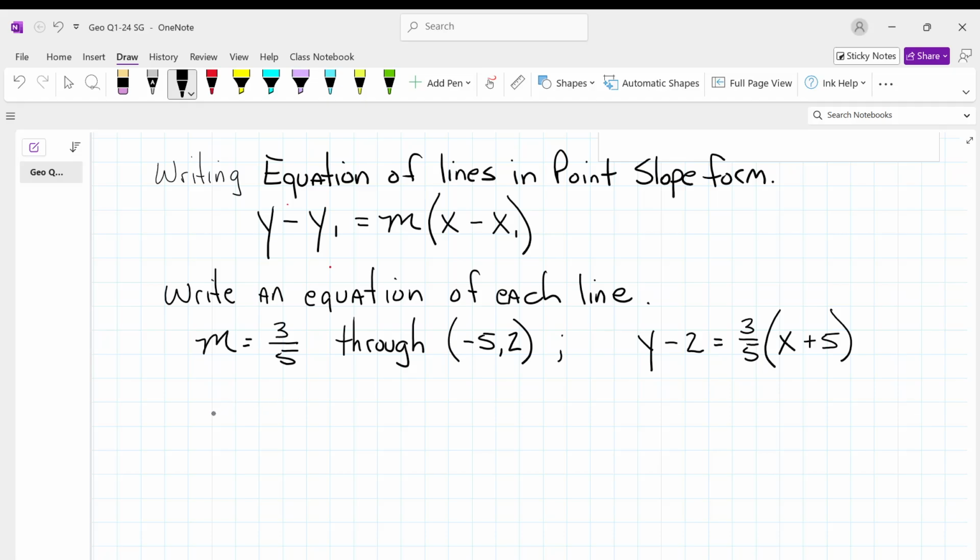All right, so let's write another equation that has a slope of 3 and it goes through -7, -1.